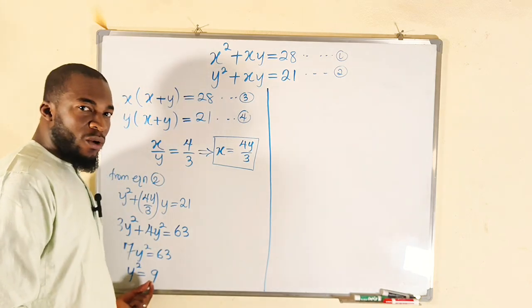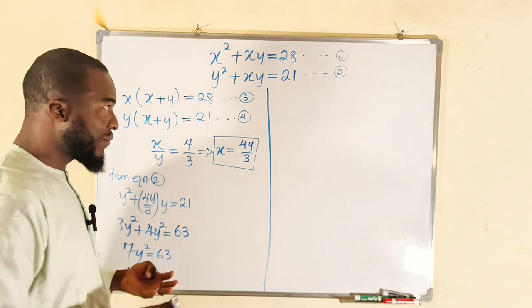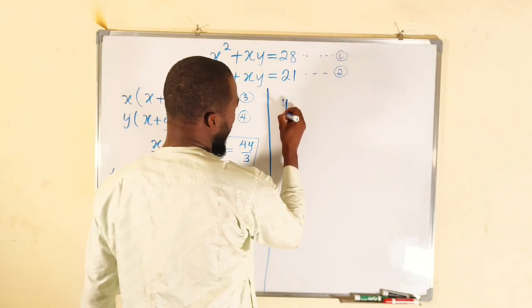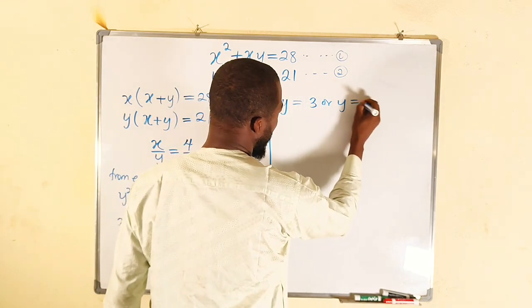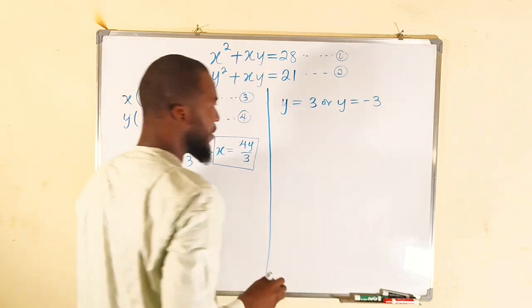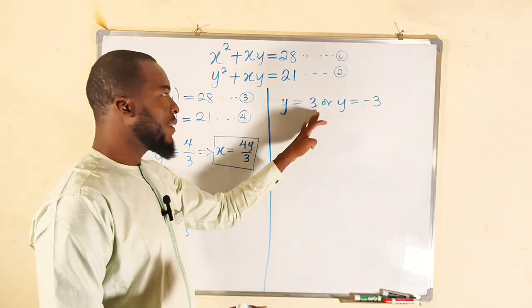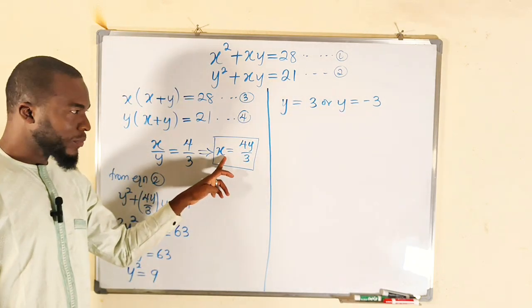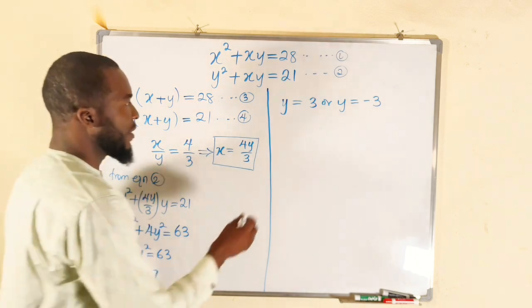If y squared is equal to 9, it implies that y could either be 3 or negative 3. So y equals 3 or y equals negative 3. Having obtained the values of y, we can directly plug them here and obtain the corresponding value of x.